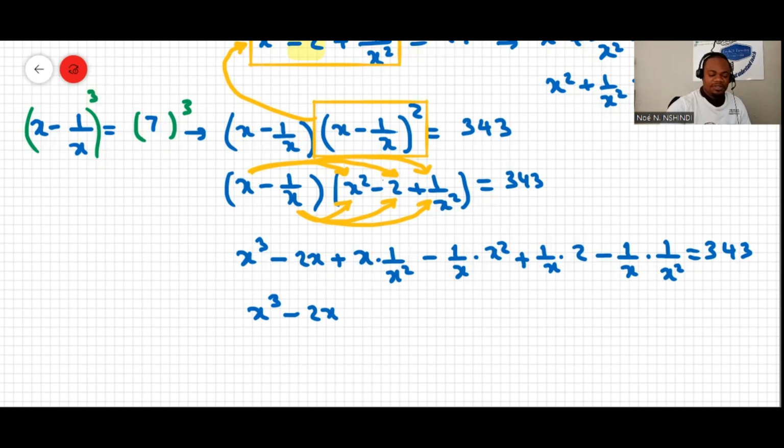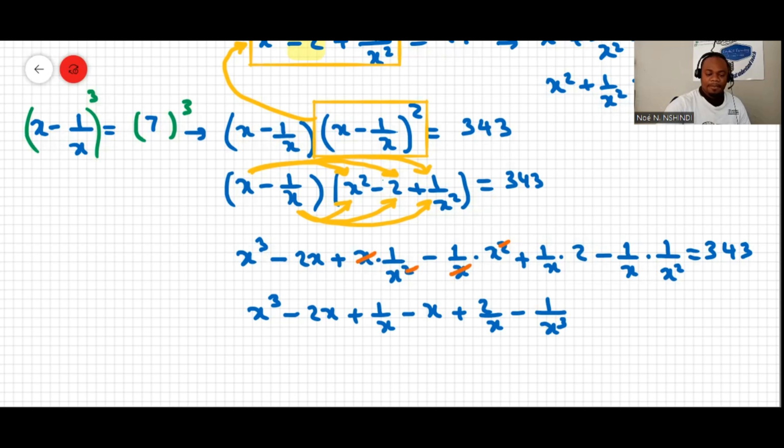This is just plus 1 over x. And then over there also we can simplify. We simplify this with that, that makes negative x. And then there we make plus 2 over x, and then minus 1 over x cubed.